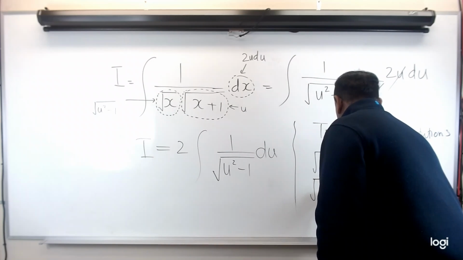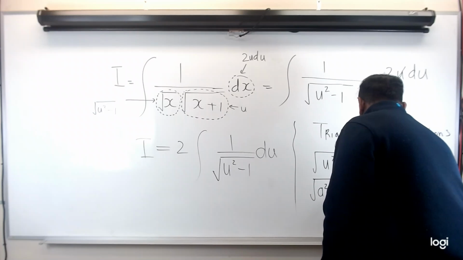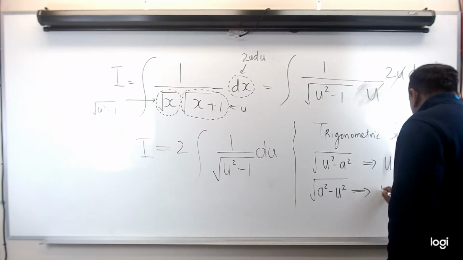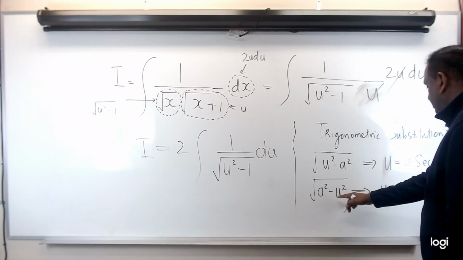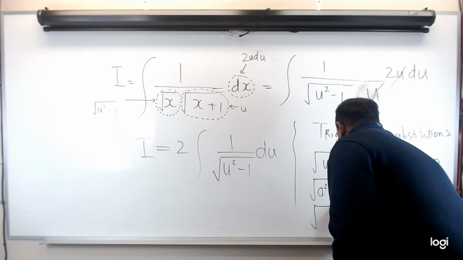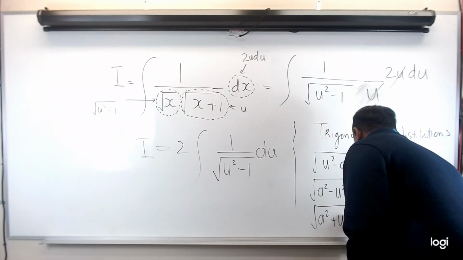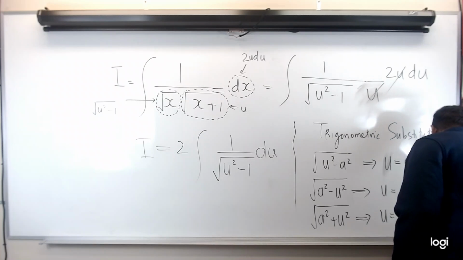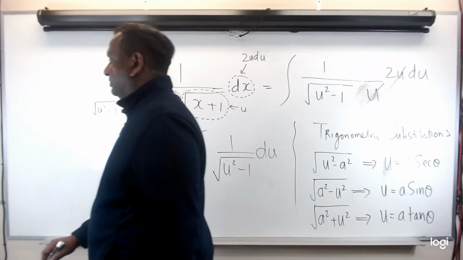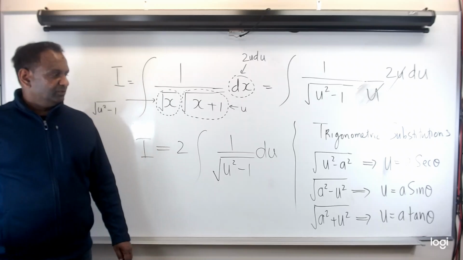If you have a squared minus u squared, you can replace u by a sine theta. That means the square root of that. If you have a squared plus u squared, u equals a tan theta. You can remember these trigonometric substitutions.